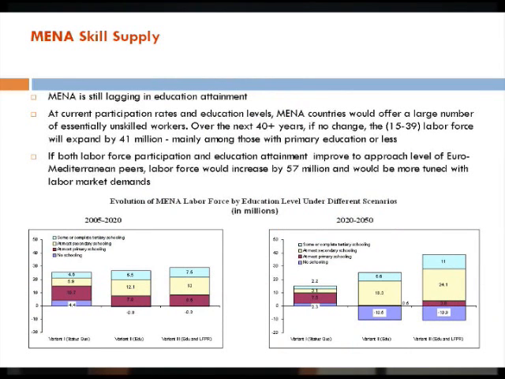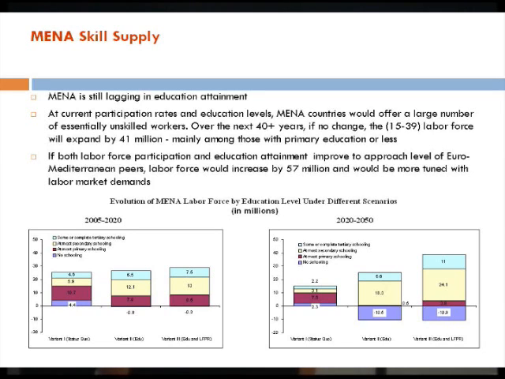Over the next 40 years plus, if there is no change, the 15 to 39 labor force will expand by 41 million people, mainly among those with primary education or less. Now, we looked at some scenarios, and we looked at what would happen if both labor force participation rates and education attainments approach the level of Euromed peers, that is Italy, Spain, Portugal, Greece, and France, an average of those.